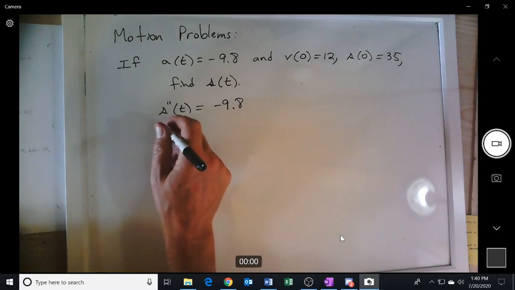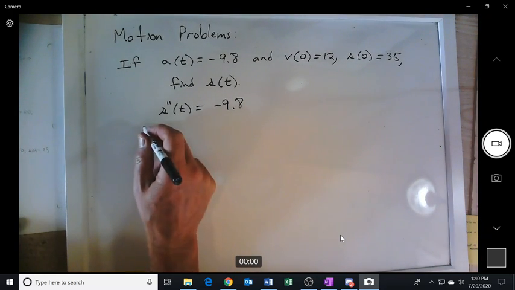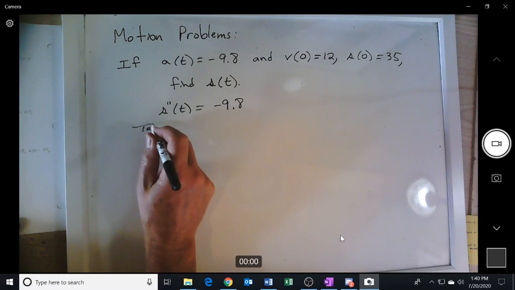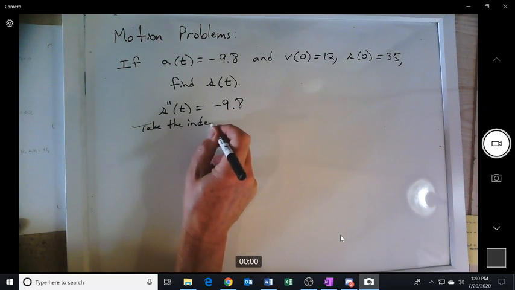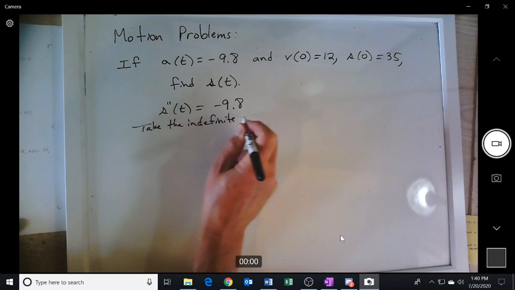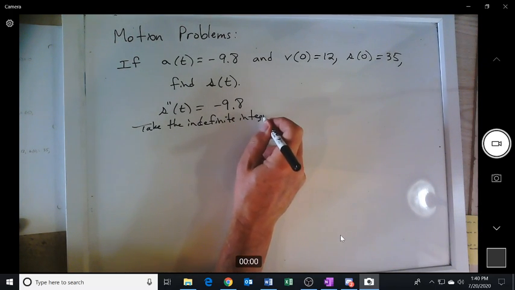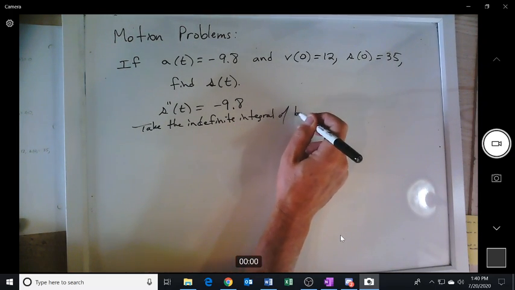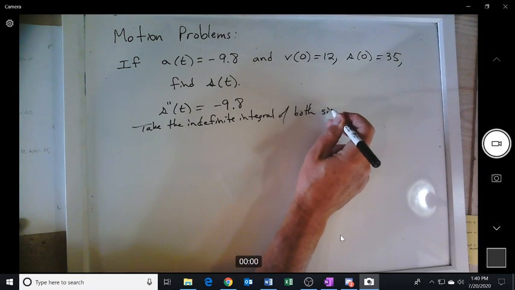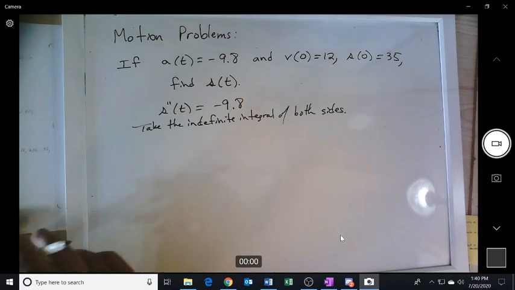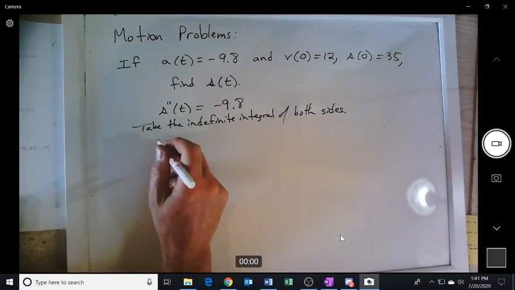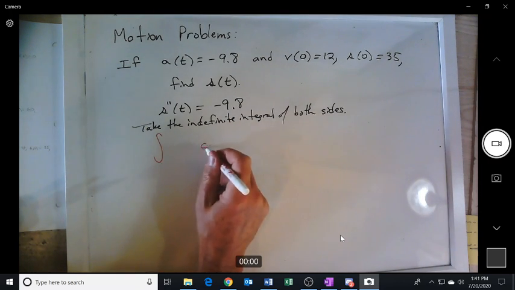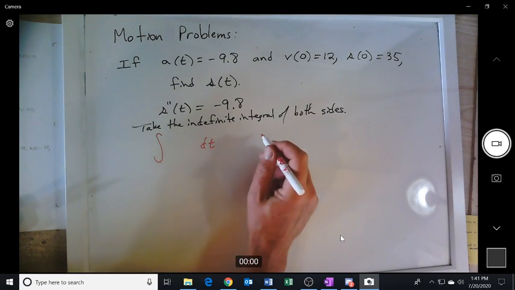Now, we're going to take the indefinite integral of both sides. Now, if we do that, we're going to put this dt.